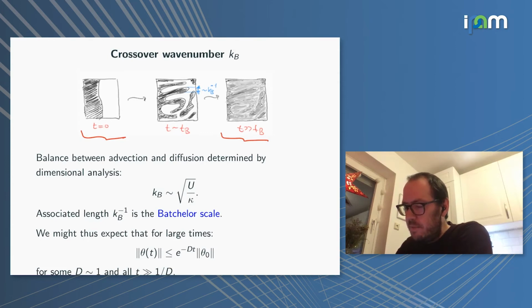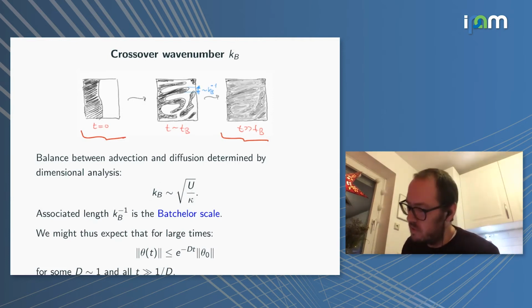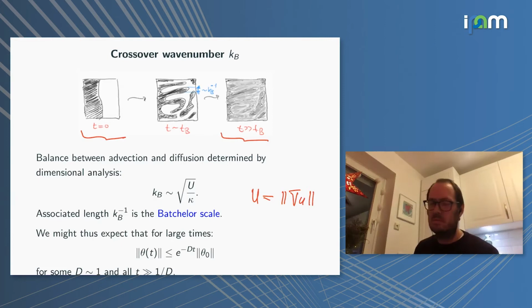Then I can apply some dimensional analysis and just figure out at which scale the advection and the diffusion terms balance in the advection-diffusion equation. And so this happens exactly at the wave number square root of U over kappa. You remember U was just the constant in time L2 norm of the velocity gradient.